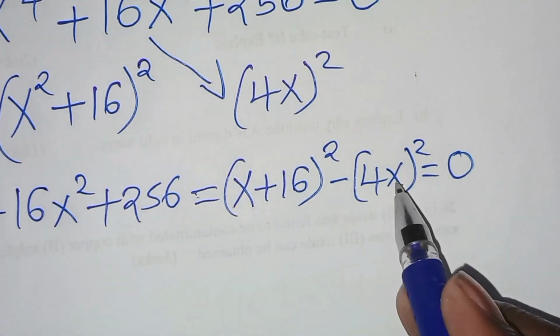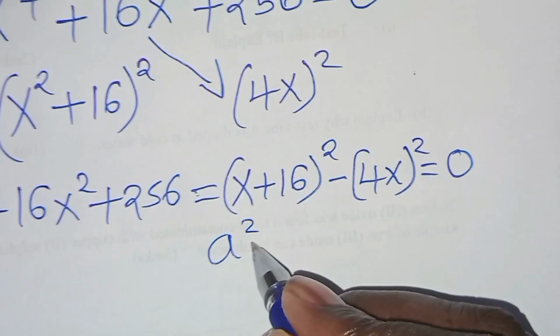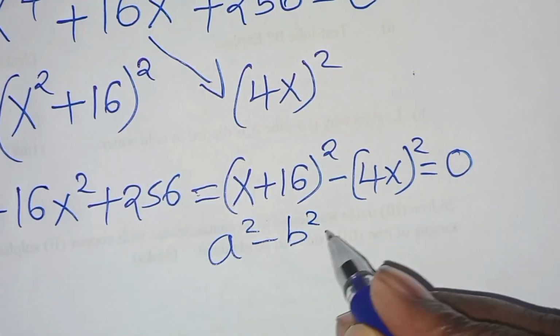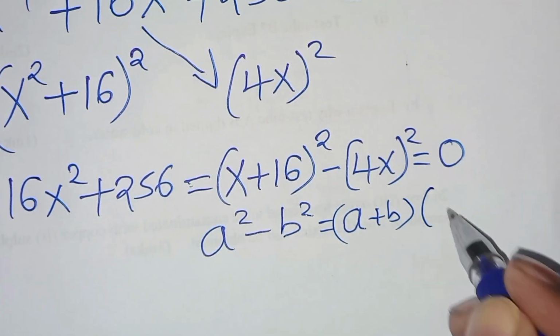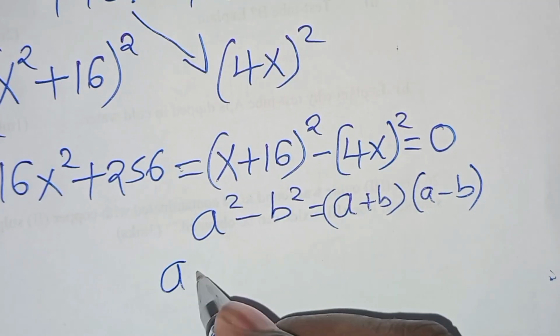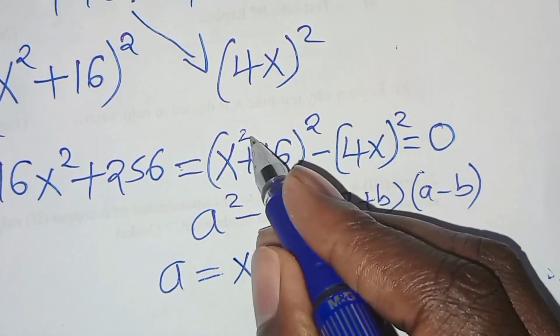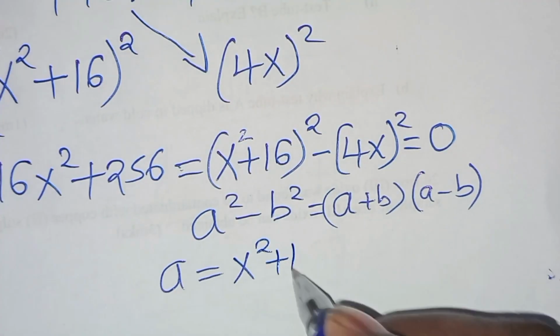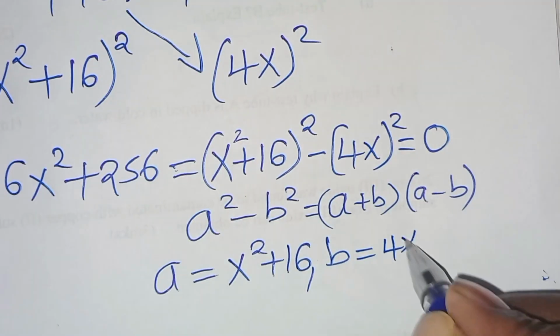So as you can see, this is the difference of two squares, which is in the form of a squared minus b squared. So this implies we can express this as a plus b and a minus b. So this implies that a is x squared plus 16, and b is equal to 4x.